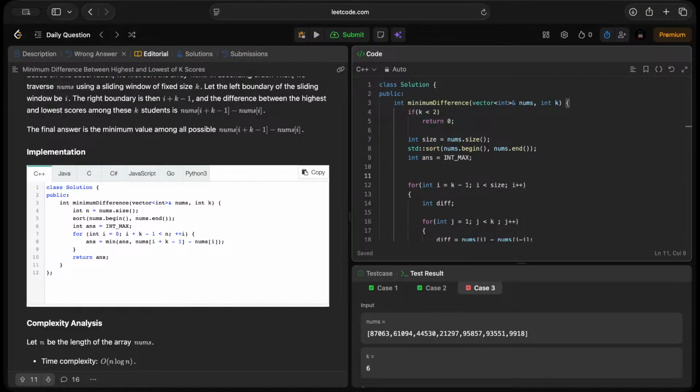And then instead of that, we're going through a loop: i plus k minus 1 is less than size.